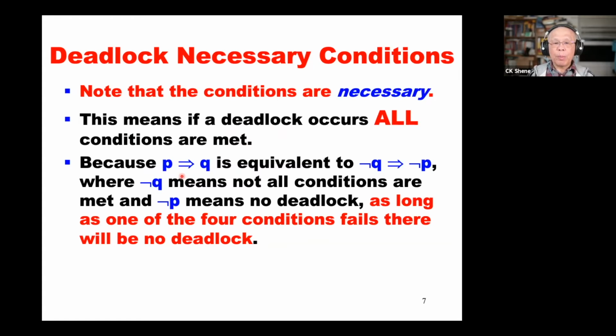Remember, we have a proposition: if P, then Q. This proposition is equivalent to: not Q, then not P. Where not Q is the opposite of Q, and not P is the opposite of P. So the necessary condition is: if P, meaning we have a deadlock, then Q, meaning mutual exclusion, hold and wait, no preemption, and circular waiting are true at the same time.